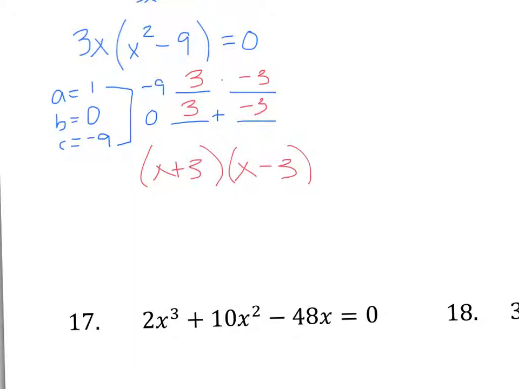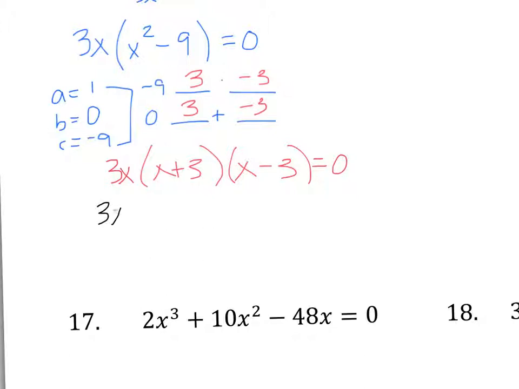Now, this 3x that we originally factored out in the very beginning needs to come down here and be attached, and equals 0. Now, since we have equal signs and it's equal to 0, we do need to go that extra step and set each one of these equal to 0.